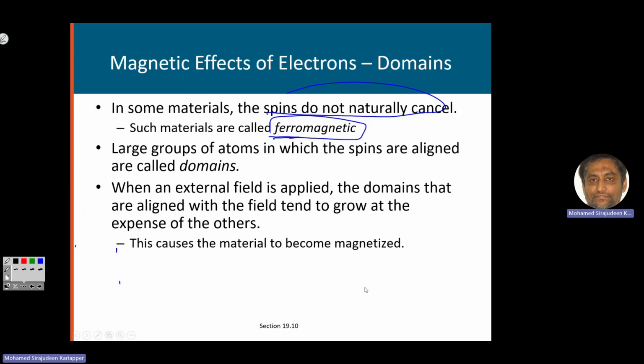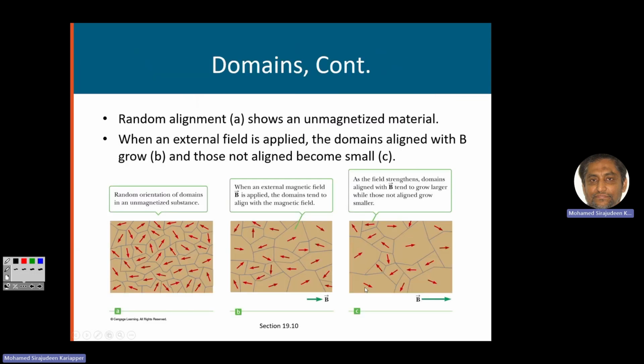In a ferromagnetic material, you can have domains. Atoms that have their magnetic moments aligned in the same direction will group together and create regions, or domains.